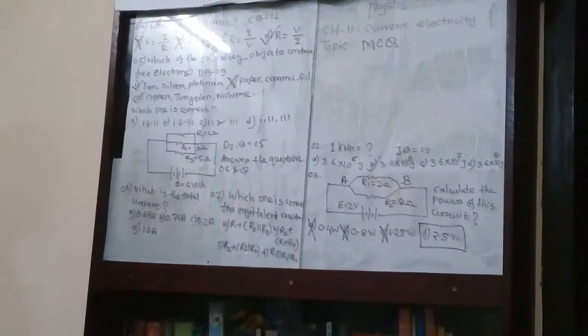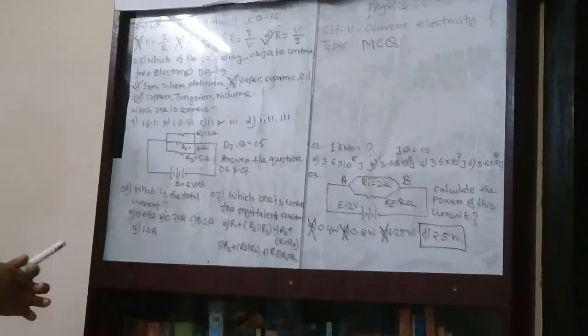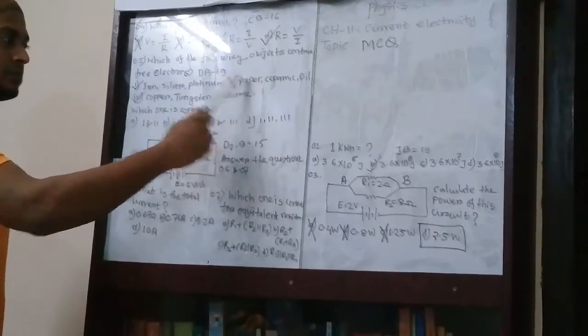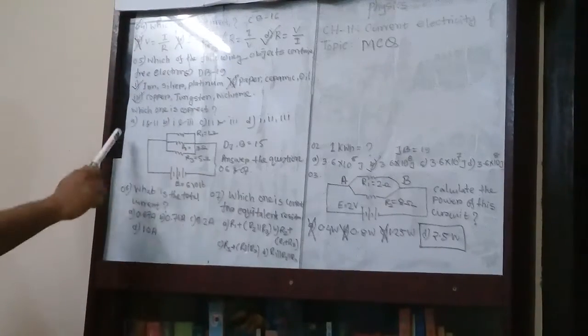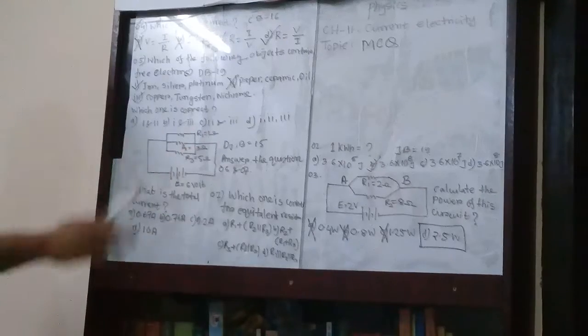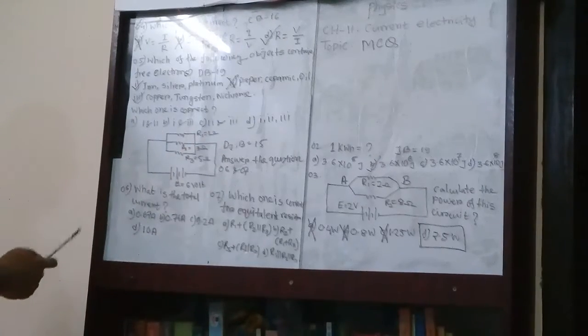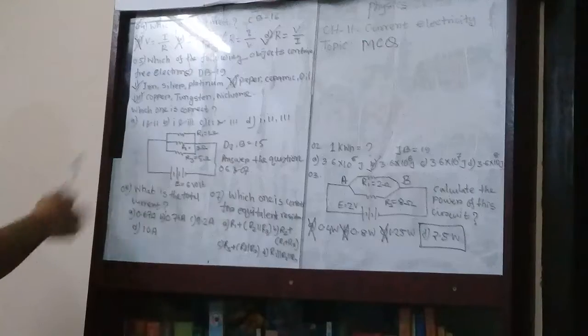So from this given information, I can say that the substance which can carry free electron, option number 1 is correct, and option number 3 is also correct. So the only wrong option is option number 2. Now I'm going to select which one is correct. Number 2 is the wrong option.